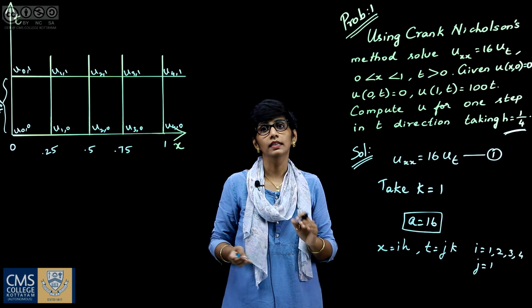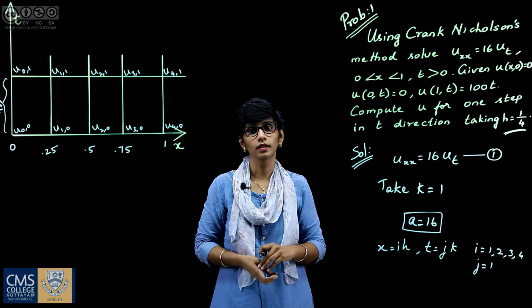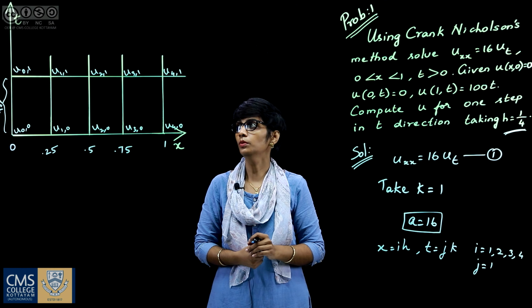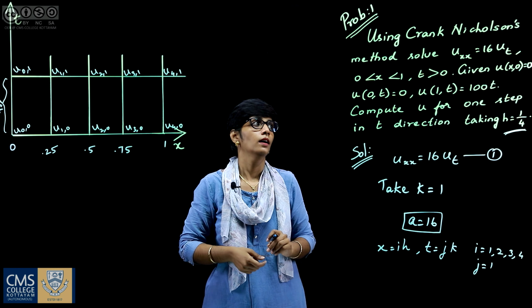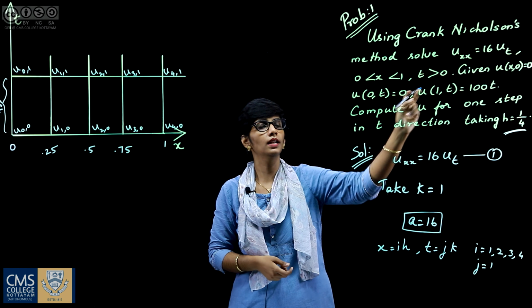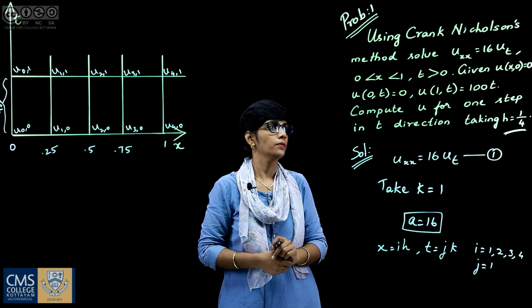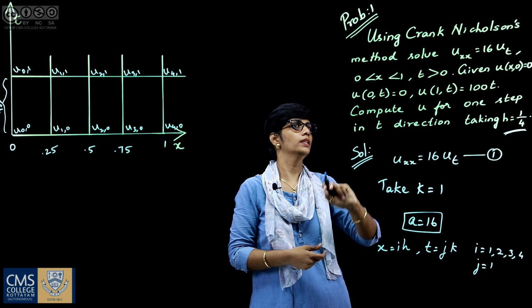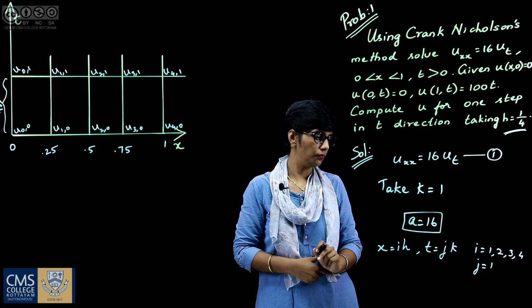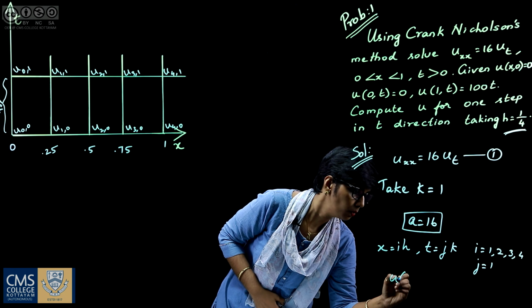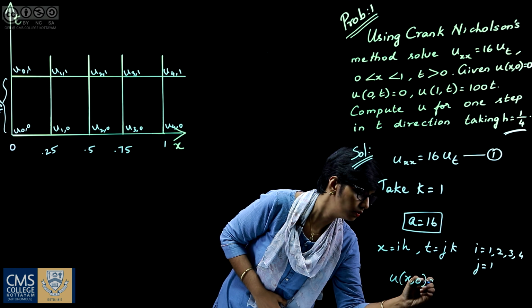Like we did earlier with the Schmidt recurrence relation, we are going to find the values of these mesh points using the initial and boundary conditions. Here the initial value is given as u(x,0) = 0.